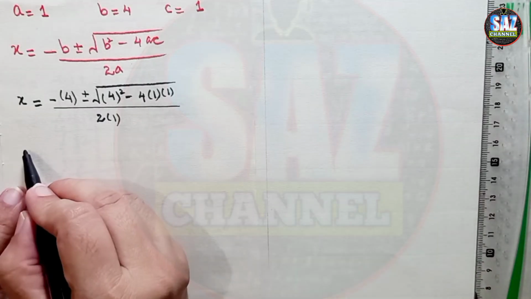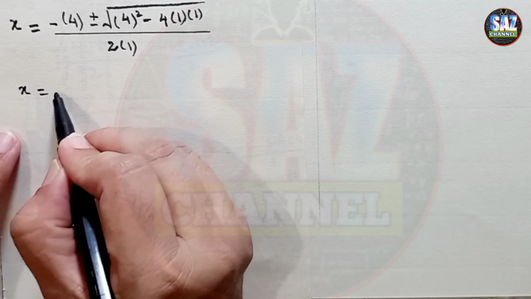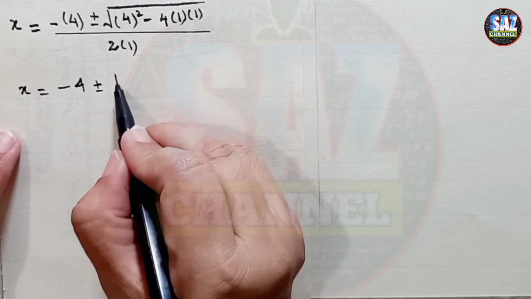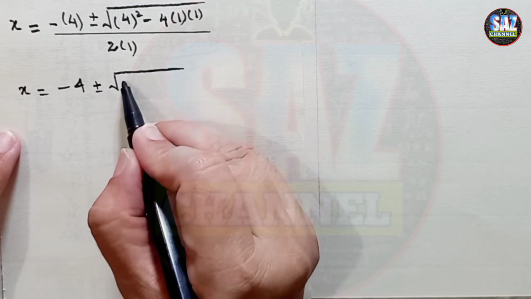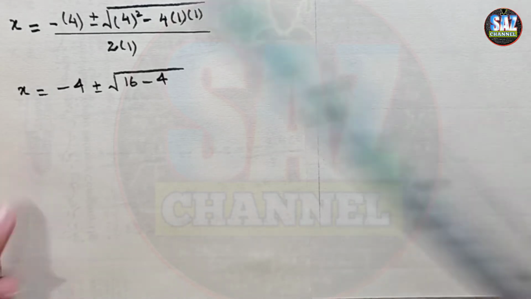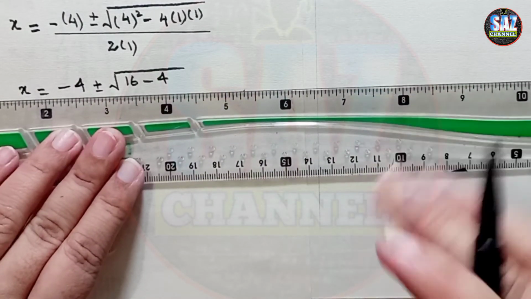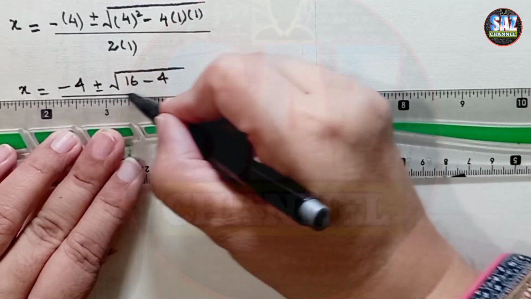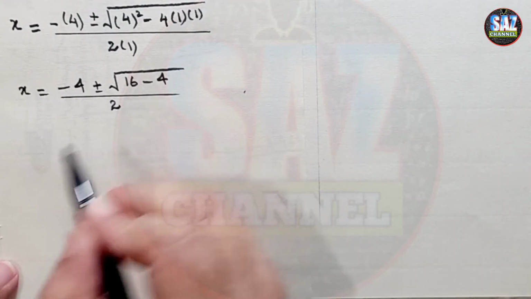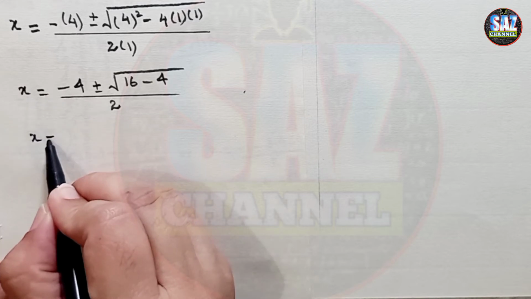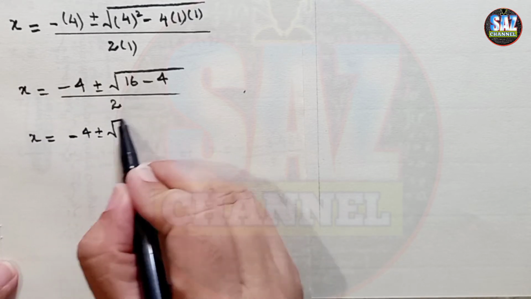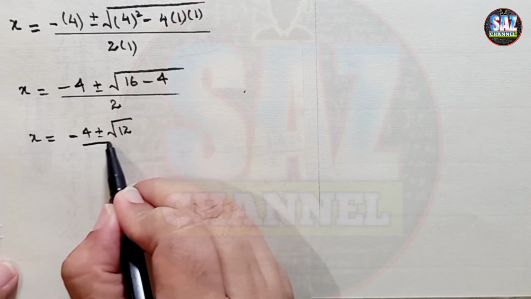Then x equals minus 4 plus minus square root of 16 minus 4, and I have to divide this by 2a, which is 2. Now the question takes the form x equals minus 4 plus minus square root 12 by 2.